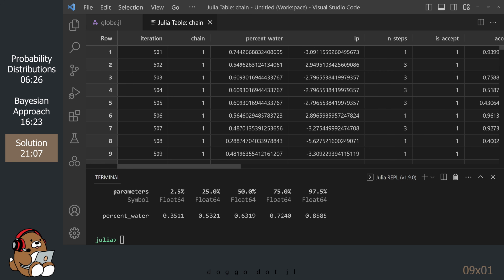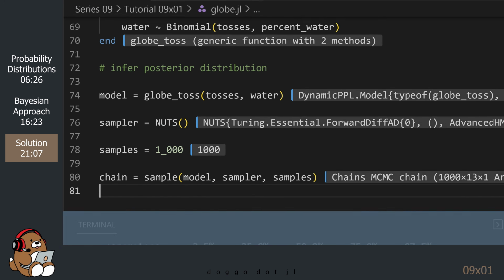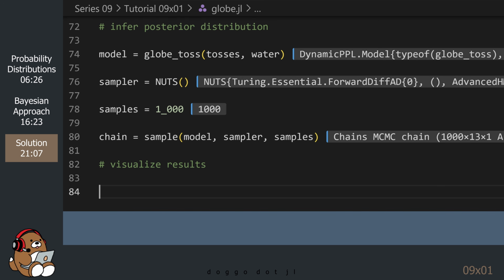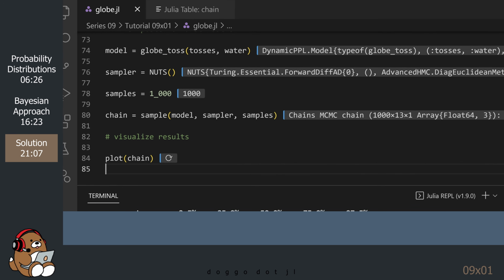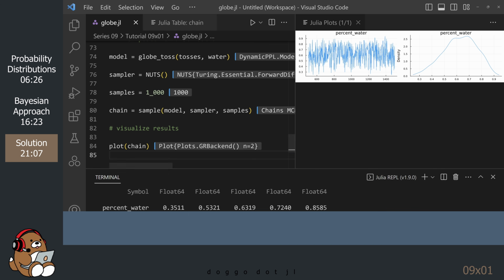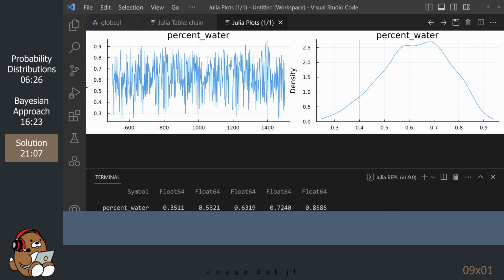It's difficult to get a sense of what's going on just by looking at all of these numbers, so let's take a look at some visualizations. The Turing.jl package uses the StatsPlots package for its default plots, so you can use the plot function with a variable named chain to see some standard Turing diagnostic plots. The plot on the left is called a trace plot.